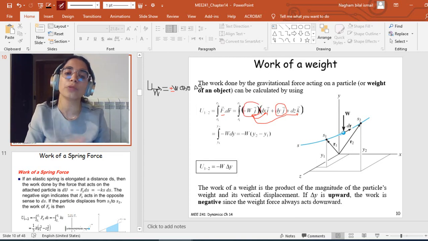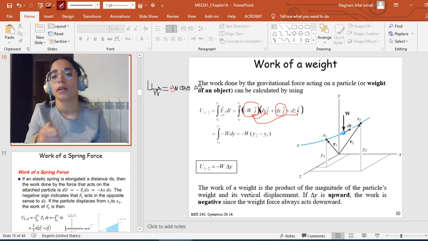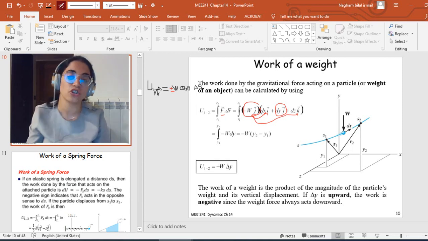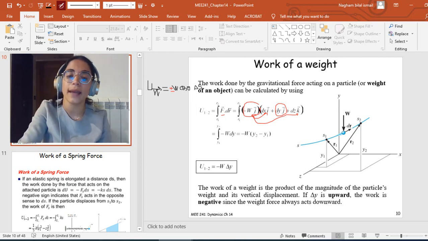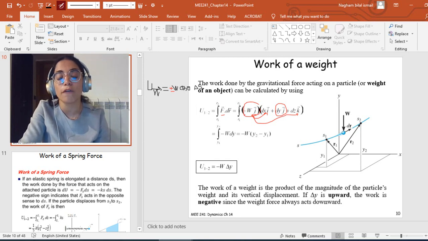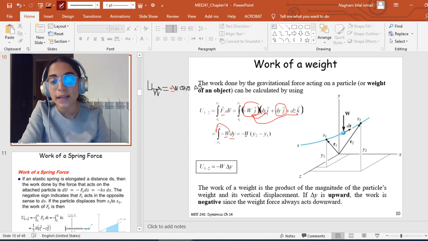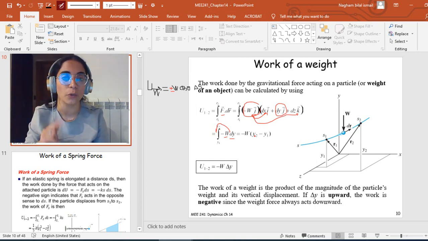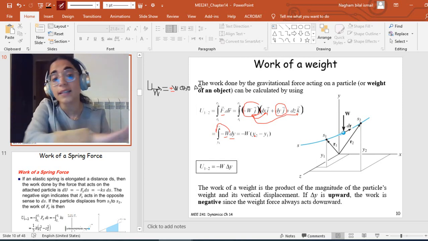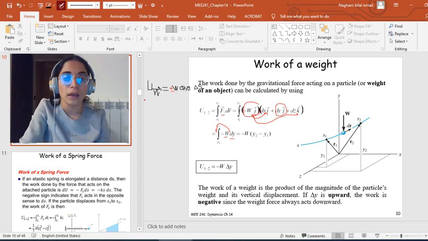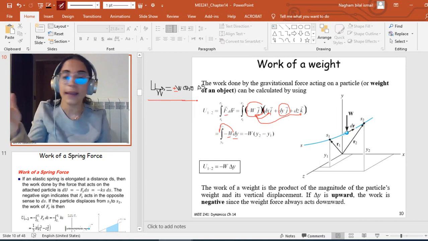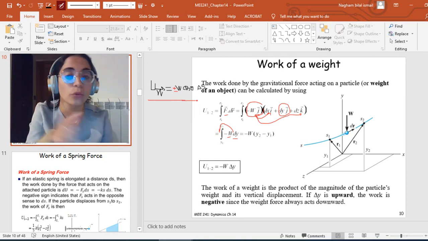So what is the dot product of minus Wj and dyj? In fact, j dot j is equal to 1, and then the answer will be the integration of minus W dy. And since W is constant, I can remove it from the integration, and then this will be minus W (y2 minus y1). So in this case, guys, I can directly know the sign.